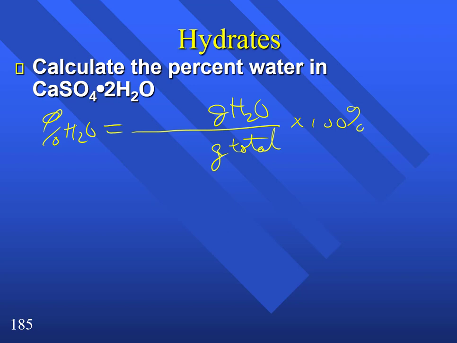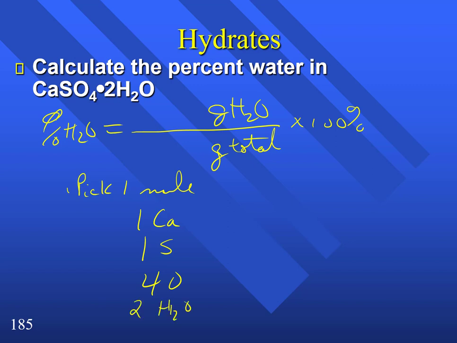I can pick any amount of calcium sulfate because the percentage should stay the same. I am going to pick 1 mole. Why do I pick 1 mole? Because then I know all the numbers I need. In 1 mole, I would have 1 mole of Ca, 1 mole of S, 4 moles of O, and 2 moles of H2O.